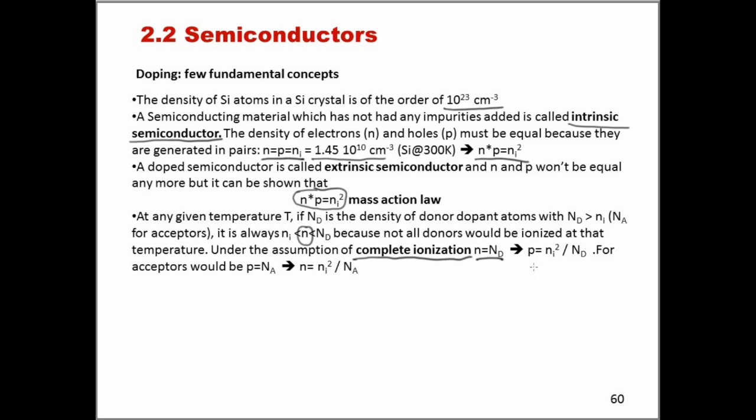And so from the mass action law we can calculate the density of holes, the minority carriers, this way. Similar formulas hold for the case of acceptor dopants.